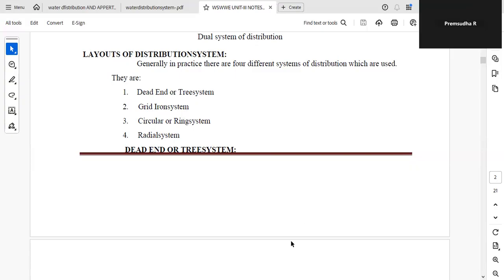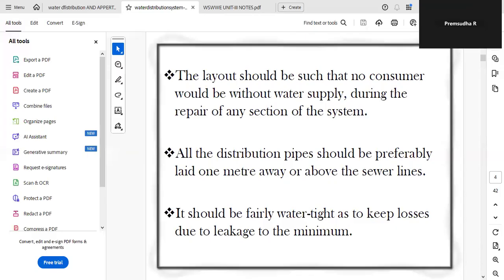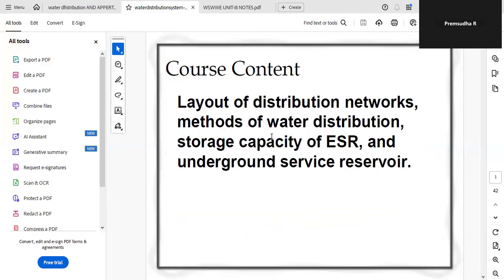So I'll share another PPT. See, the layout of distribution network.